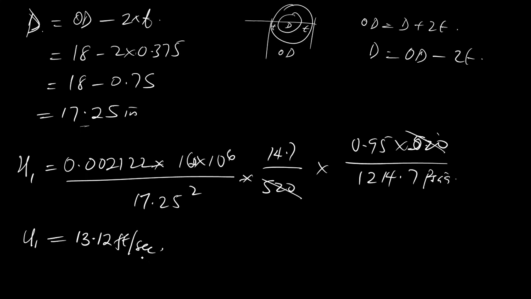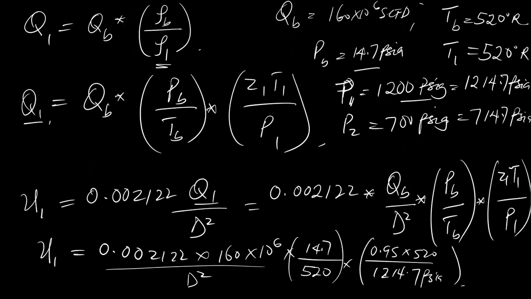Now, to get the velocity at the outlet, when you check out this formula, assuming the whole of this is constant, you see that the pressure is what we're going to change here. The temperature is the same because it is an isothermal process. The compressibility factor is the same.